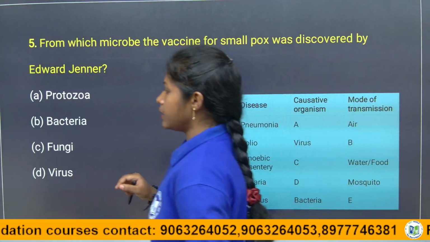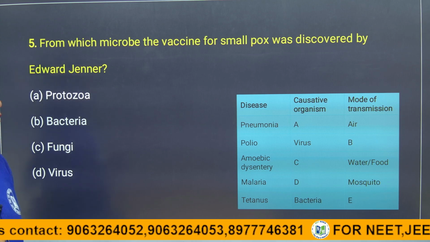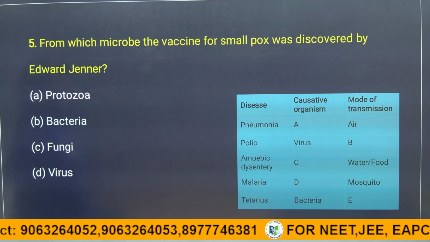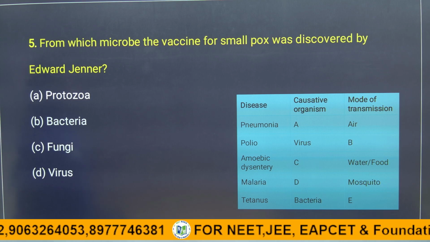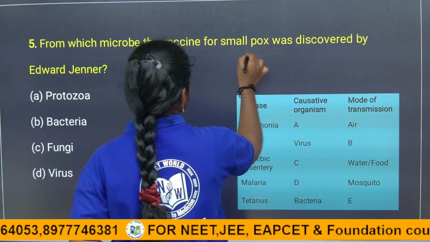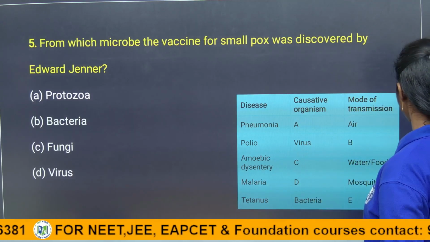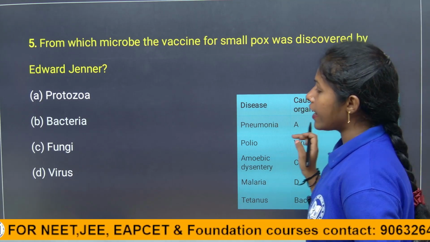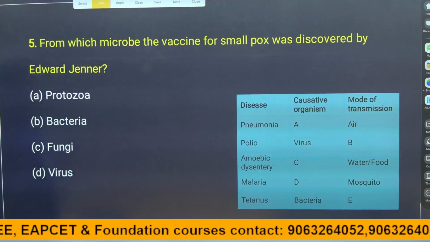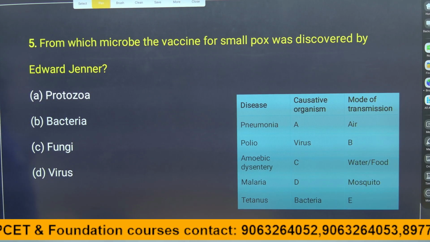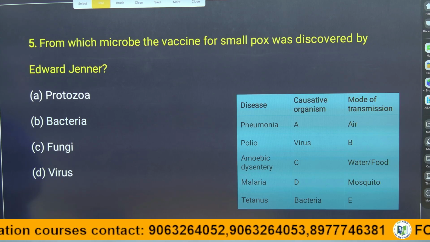They have given: from which microbe was the vaccine for smallpox discovered by Edward Jenner? Is it bacteria, protozoa, fungi or virus? They are asking about the vaccine for smallpox discovered by Edward Jenner. What is the answer for this question, children?